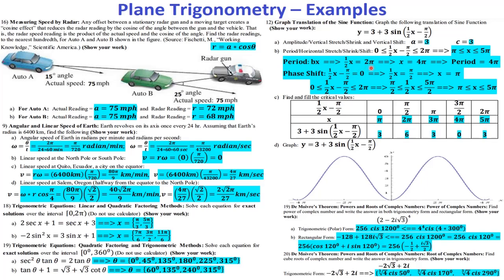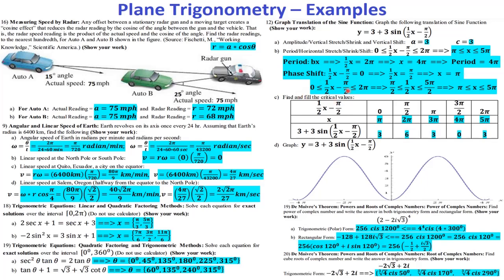One complete cycle is 2 pi, that means x equals 4 pi is the period. Then the phase shift: one half x minus pi over 2 equals 0. Then this will end up x equals pi, so that is shifted to the right by pi.